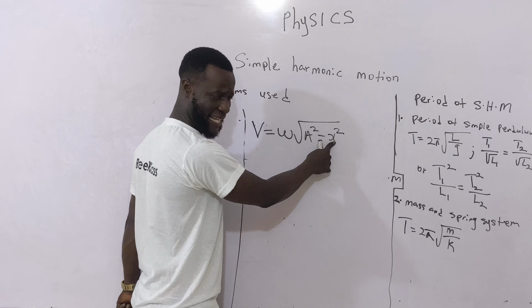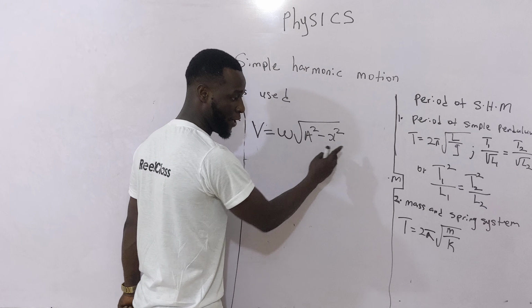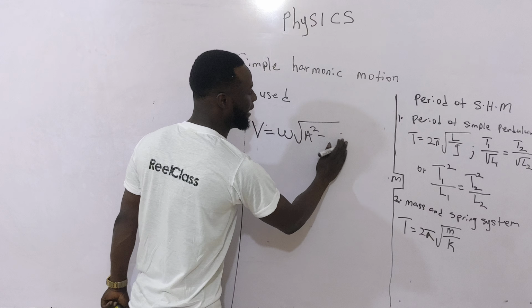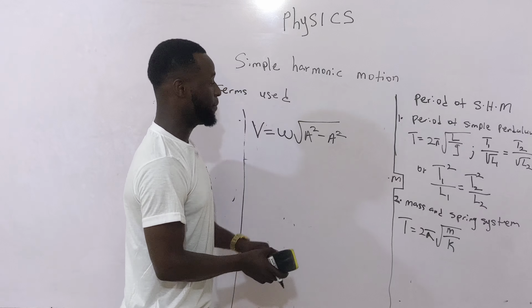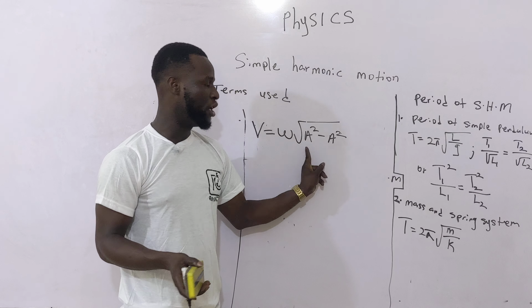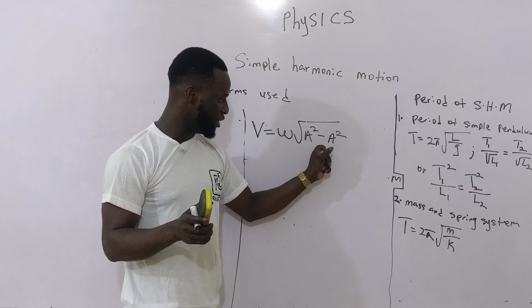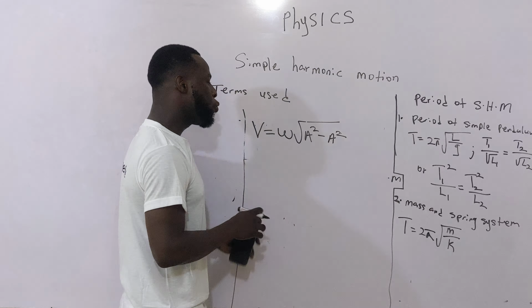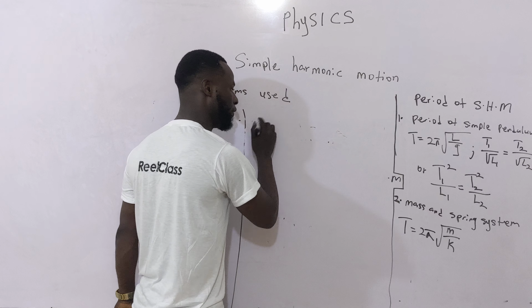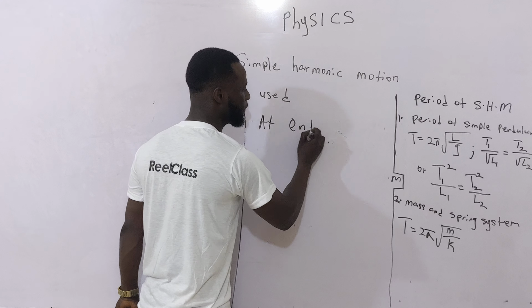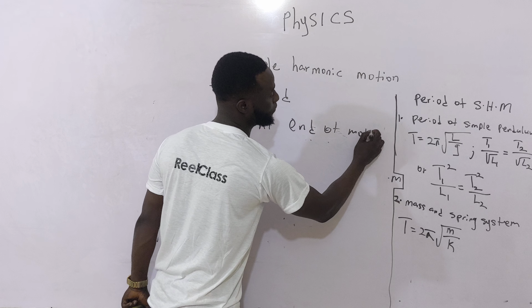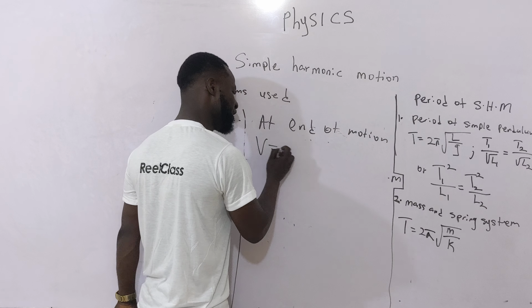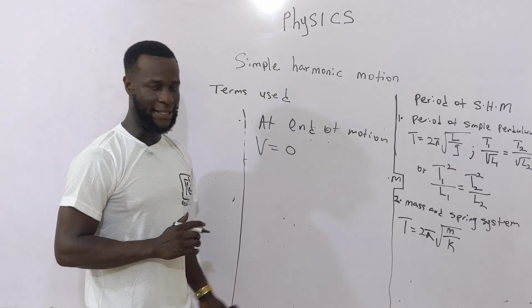If x is equal to a at the end of motion, then if I put a here, you agree with me that a squared minus a squared is 0. Square root of 0 is 0. 0 times anything is 0, which means that at the end of motion, v is equal to 0. There is no velocity at the end of motion.